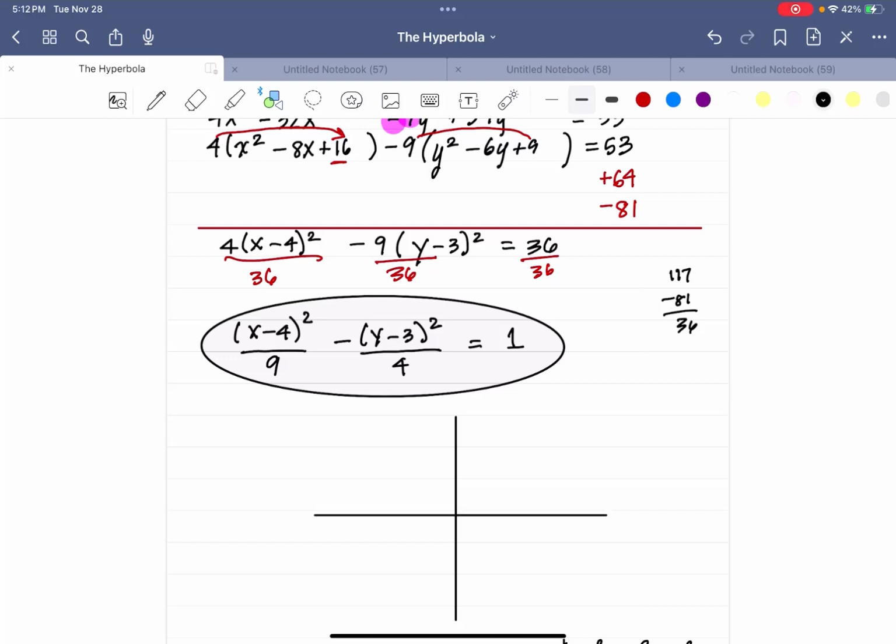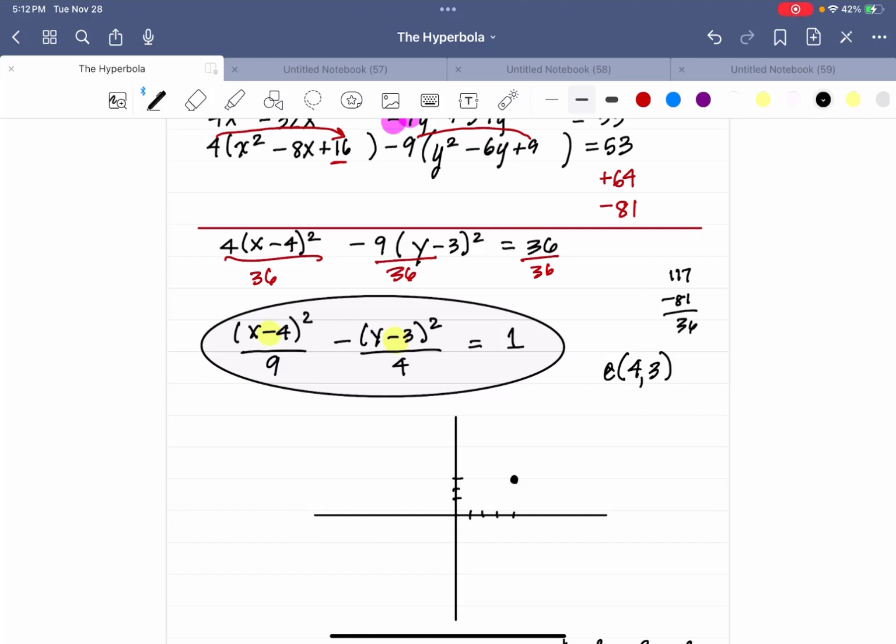So I've got a center at 4, 3. Right? It's the opposite of this number, minus 4, and the opposite of that number, positive 3. So I'm going to go to the right 4, 2, 3, 4, up 3. That's my center only.